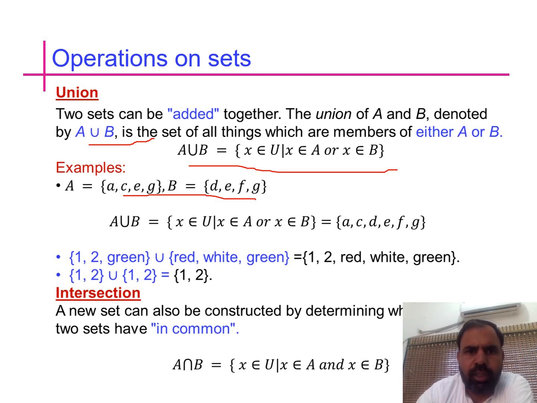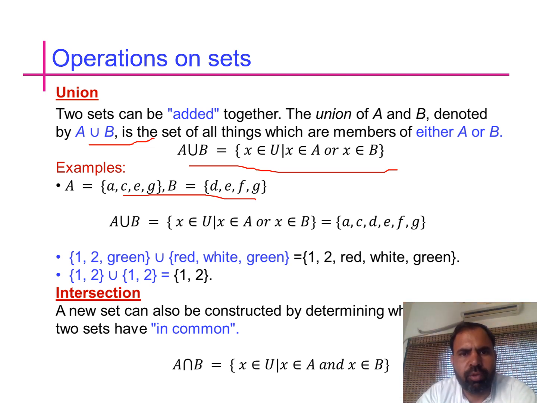A union B is equal to this. So if we take the union of {red, white} and {green}, then 1, 2, red, white, green. This is the union of these two sets.